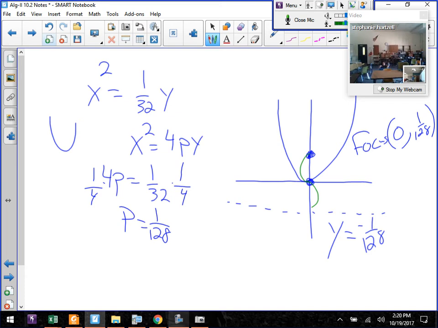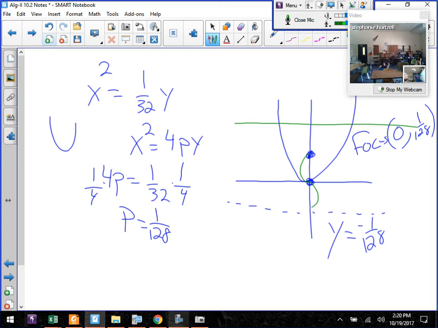Correct. The directrix is always going to be a line. It's either going to be a y equals or an x equals. It's y equals if it's up like a cup or down like a frown. It's x equals if it goes left and right. Remember, you want the directrix to cut through both of them.